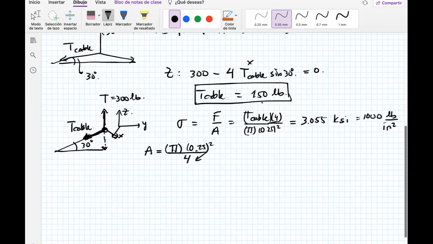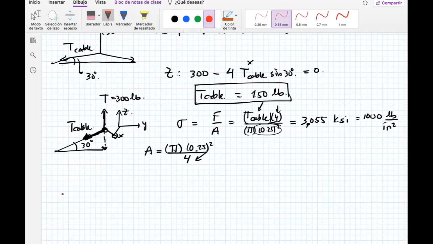So maybe you can see that you have your 150 there, you have your 4 here, it's around 600, and this small number, but this is around 3,055 pounds per square inch. So this means that it's 3.055 thousands of pounds per square inch. Okay, that's the basic idea.